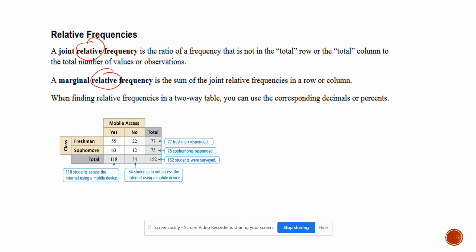Basically what it's saying is that we want the decimals or percents of our answers, and that our total row or total column should be 1 for 100%. So we're doing all the same stuff that we did. It's just we're transferring everything now into decimals.